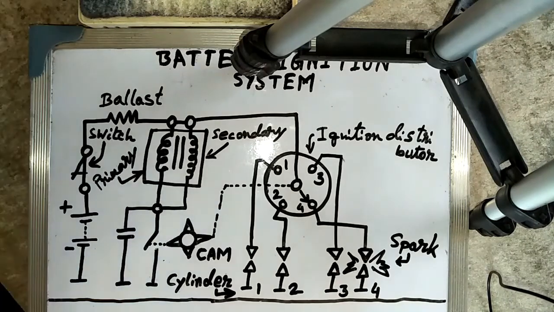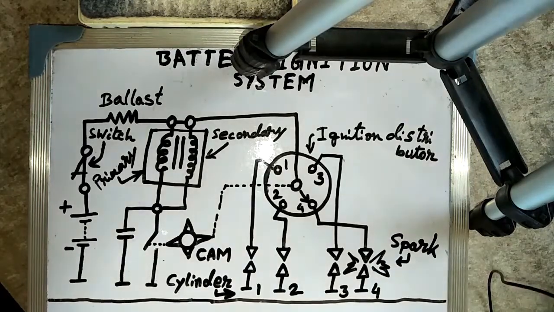So let's start. The source of the ignition energy in the battery ignition system is the ignition coil. This coil stores the energy in its magnetic field and delivers it at the instant of ignition, that means at the instant of firing, in the form of a surge of high voltage current or the ignition pulse through the high tension ignition cables to the correct spark plug.